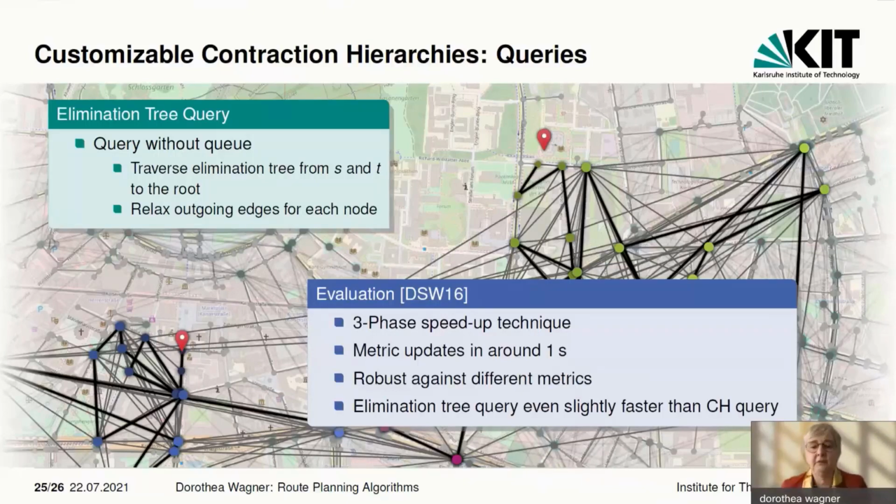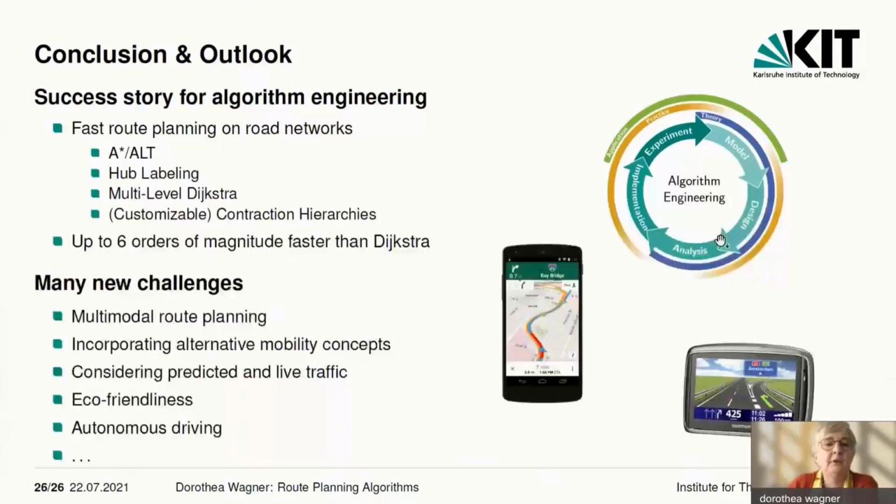This is fast enough. And it works very well for different metrics, not only for travel time. This is also nice. And the elimination tree query is even slightly faster than the contraction hierarchy query, which is based on Dijkstra's algorithm. So this is nice.